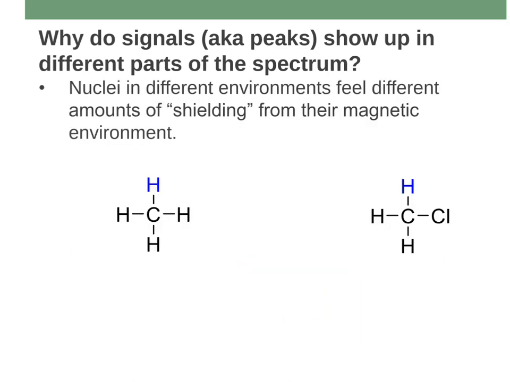Now, what is shielding? Again, this is very hand wavy. We're going to use kind of classical descriptions here, not quantum mechanical descriptions. But keep in mind that we said that these nuclei experience a magnetic field. So here is your magnet, your B0, your magnetic field.